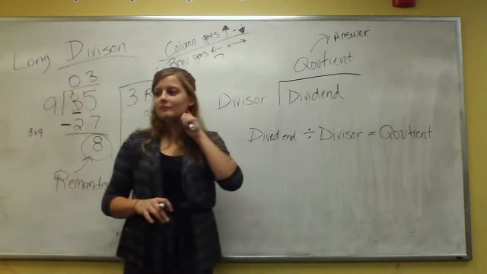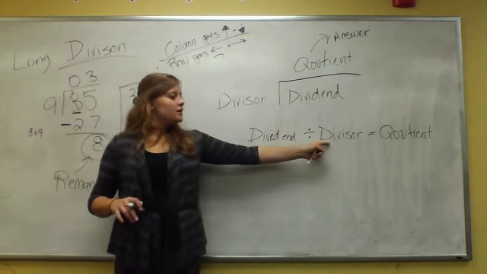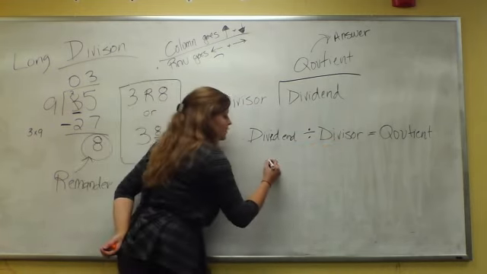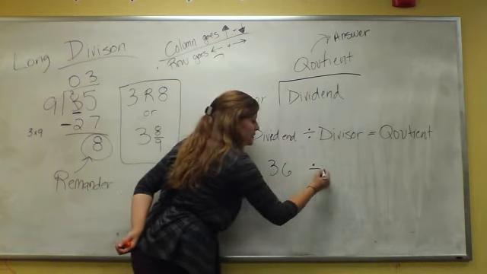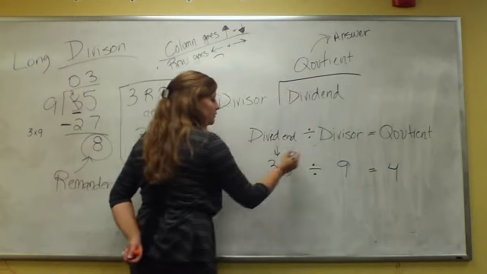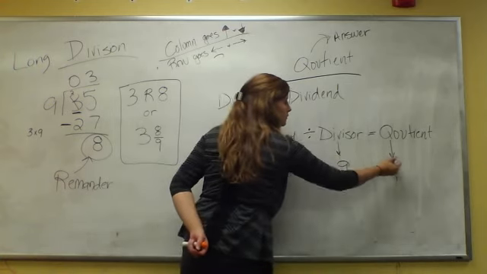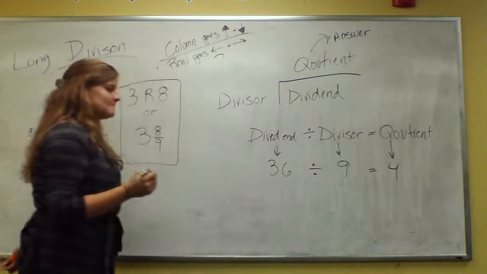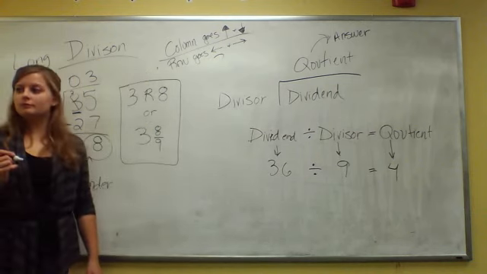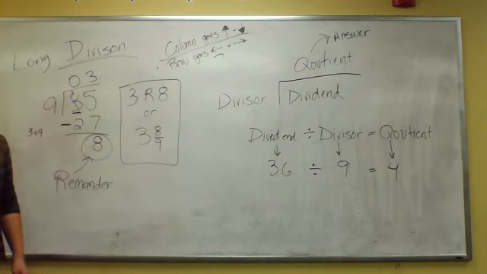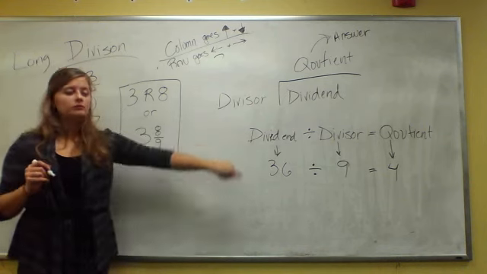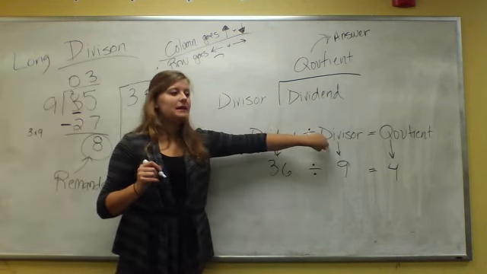You said the divisor is what, Miss C? The divisor is our column number. Okay? So if I had 36 divided by 9 equals 4, that's how those pan out. And then a dividend is what? The dividend is my total. The divisor is how many times I'm breaking it up.